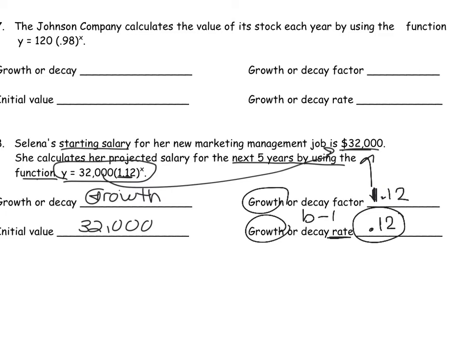Oh, sorry, y'all. So she's expecting her salary to increase 12% a year for the next 5 years. Good luck on that one. So you can kind of see how it makes sense in a word problem. Let's look at some.